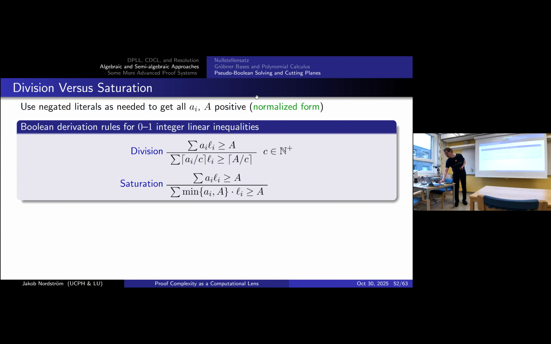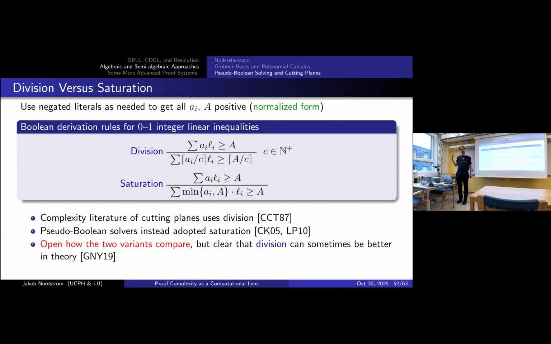Suppose we have a constraint in normalized form, meaning that it's a positive linear combination of literals. Then in that format, without loss of generality, no coefficient needs to be larger than the right-hand side. So you can define a saturation rule that just truncates all coefficients on the left-hand side down to the right-hand side, the so-called degree of falsity. And that actually gives you a complete decision procedure for feasibility.